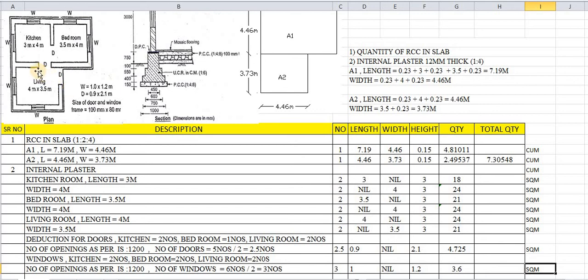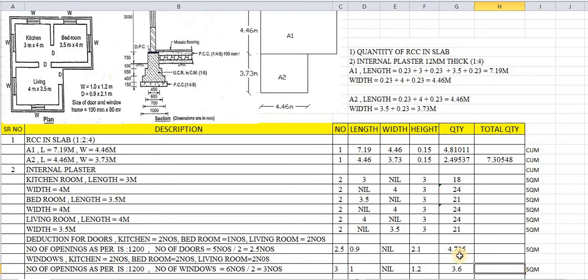In this way we have considered the quantity of plastering, and we have considered the deductions for doors and windows. So this deductions concept is very important, that is the concept of 50% we have considered. We have considered 50% is 3, length is 1 meter, height is taken as 1.2, and there is no width in this case. This will be in minus sign.